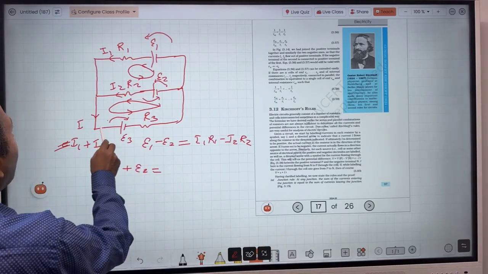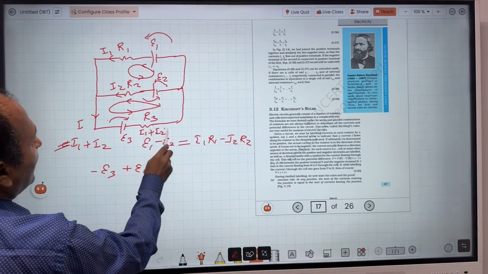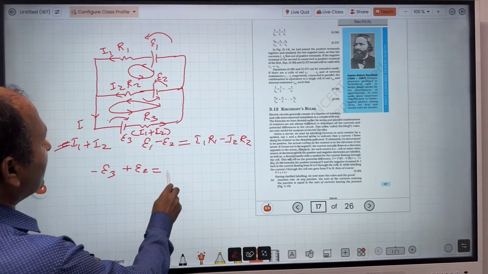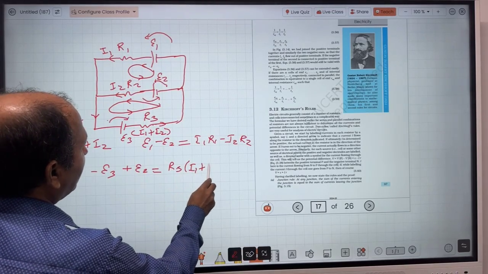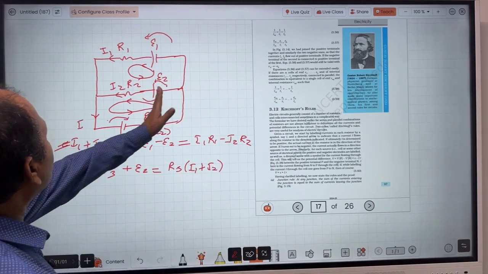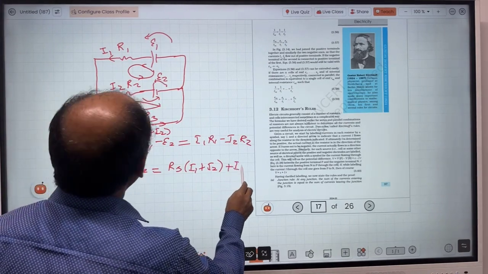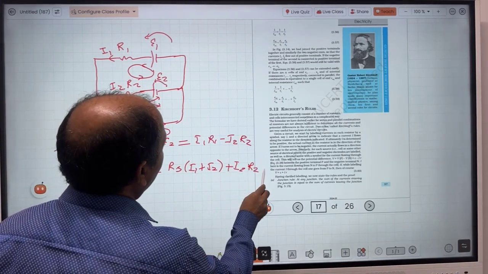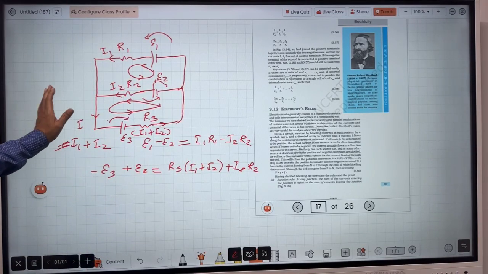The current I1 plus I2 is flowing through here, and you are moving in the direction of current. So you can say R3 times I1 plus I2. And then here also you are moving in the direction of current, so plus I2 into R2. This is how we can apply KVL.